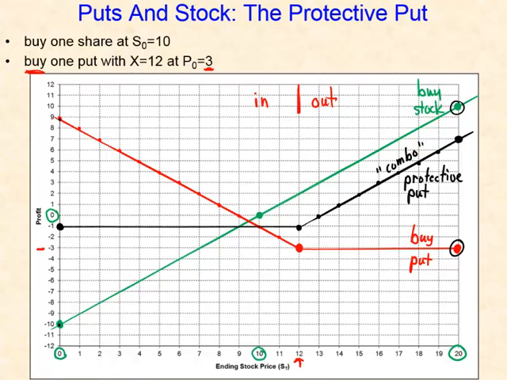Notice this line looks substantially different from the covered call. At low stock prices, the worst that can happen is we lose $1. So we have good protection on the downside here. We'll call this downside protection.